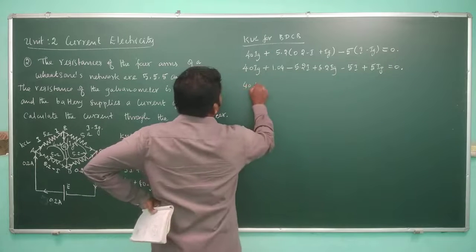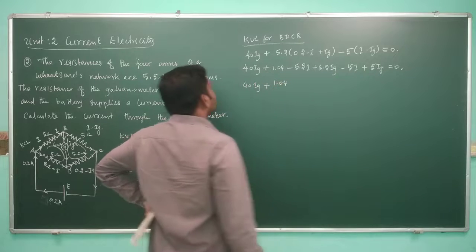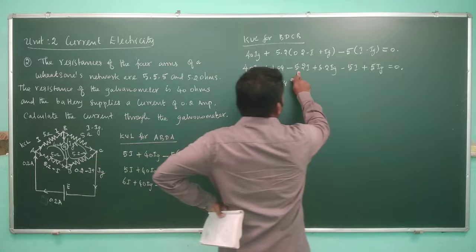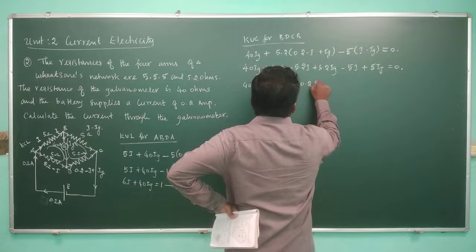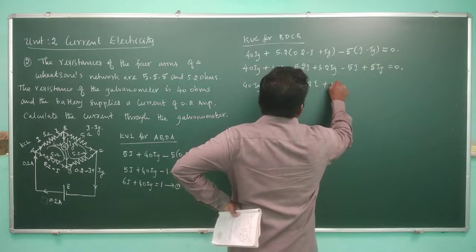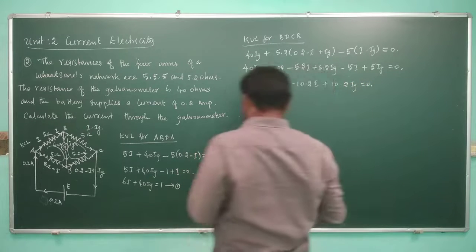So 40 Ig plus 1.04, 5.2I minus 5I, minus 10.2I plus 10.2 Ig is equal to 0.